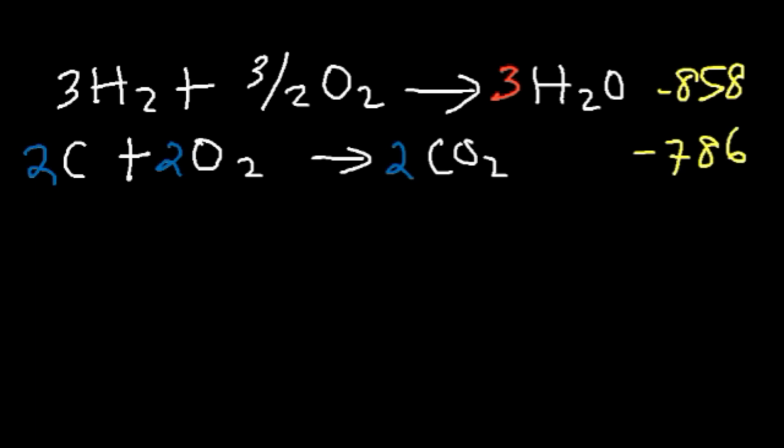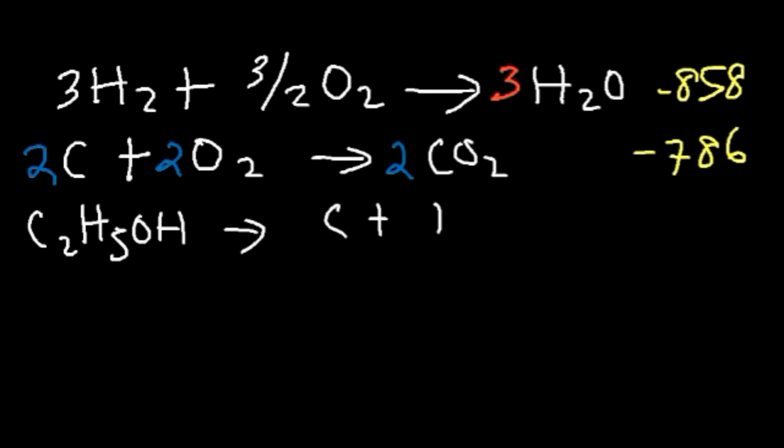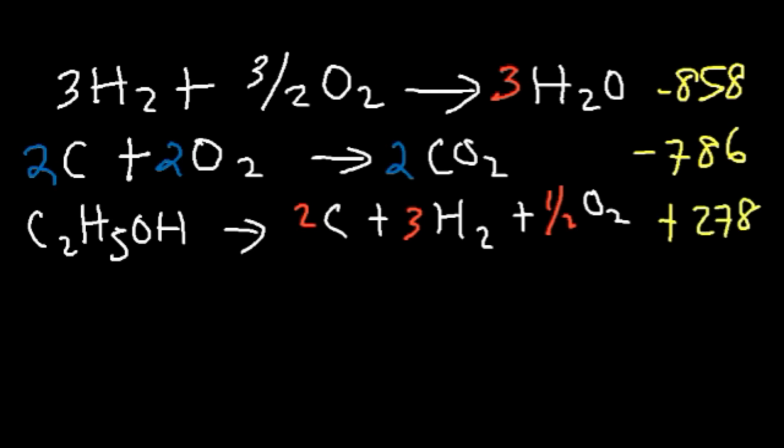Now for the reaction with ethanol we have to reverse it, so we need ethanol on the left side, and on the right side we have the elements that make up ethanol, that's carbon, hydrogen and oxygen. The enthalpy of formation of ethanol is negative 278, but because we have to reverse it, it's going to be positive 278.